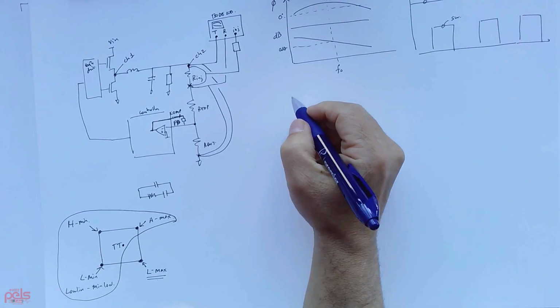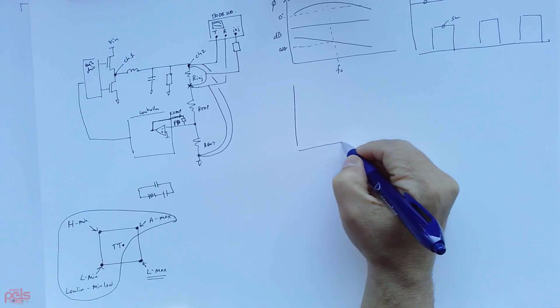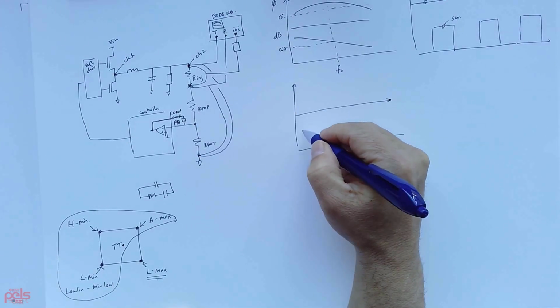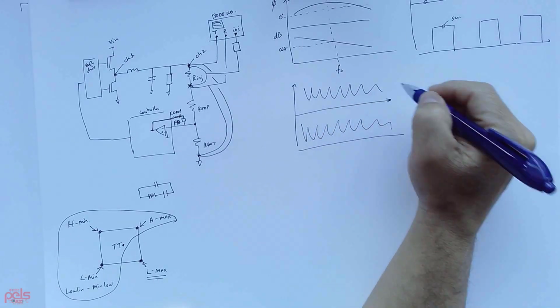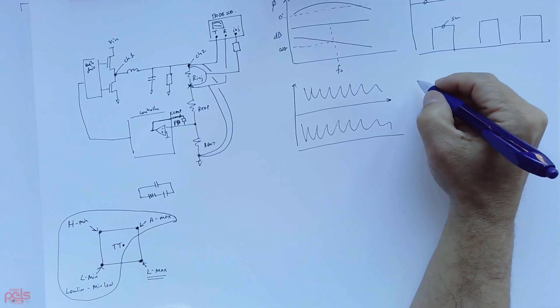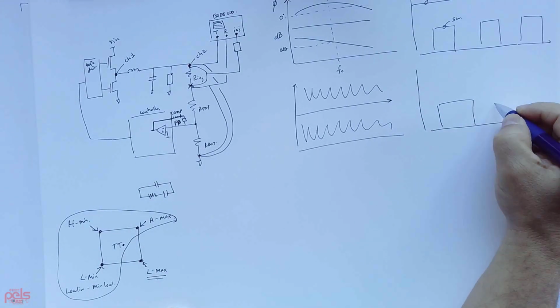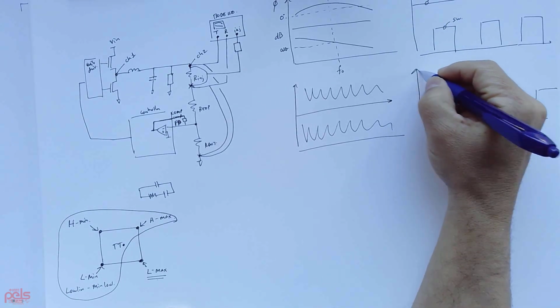But for this fifth corner, which is low line maximum load, I was getting something that looked like this. Essentially noise. However, the scope showed a clean switching node, like that.